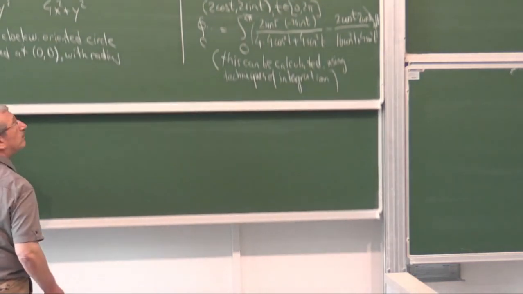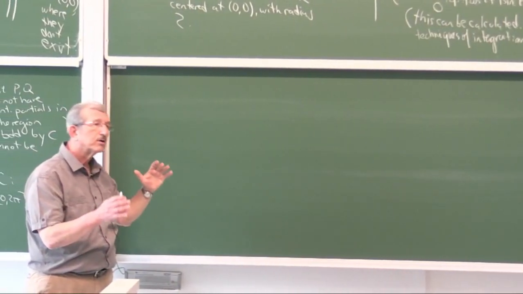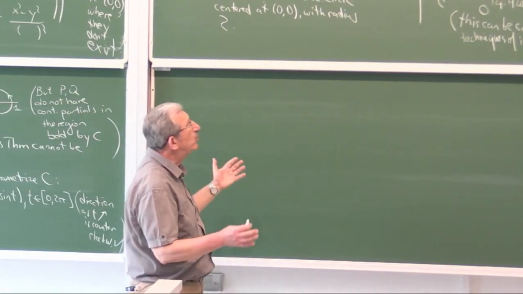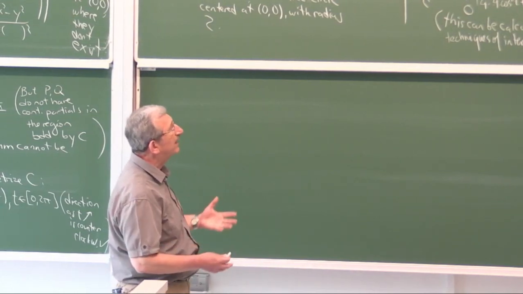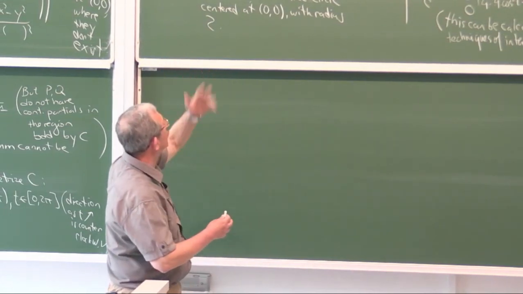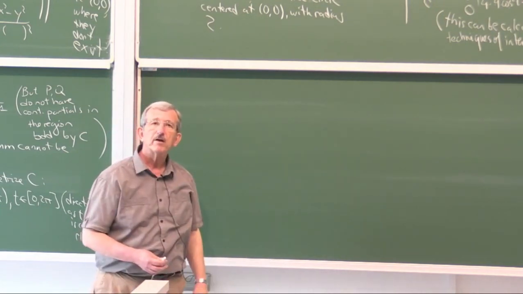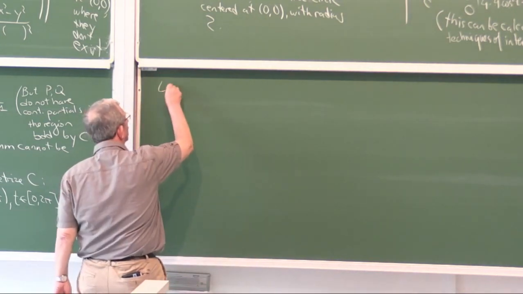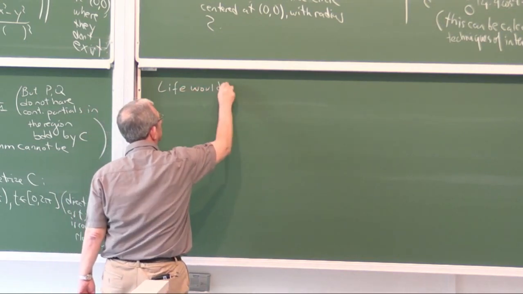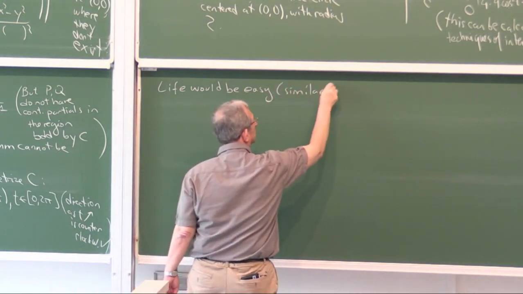So what's going wrong? What is going wrong is that instead of an ellipse as our C, we have a circle. That's the trouble. If instead of a circle, we had the ellipse, 4x squared plus y squared equal to something, then at the bottom, we would have constants. So life would be easy, similar to the previous calculation.